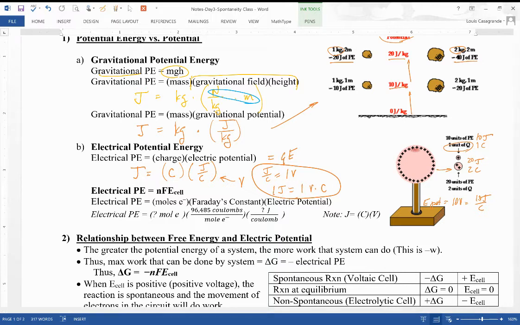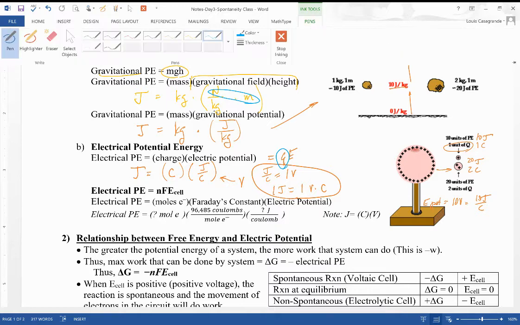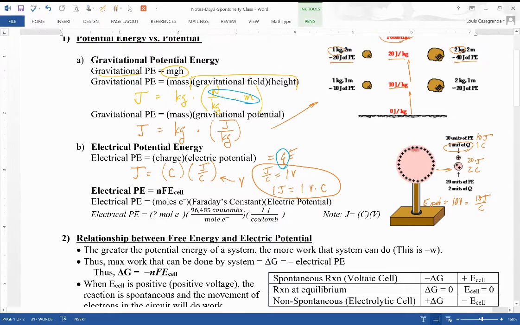This Q times E, or the potential energy, can be rewritten if we take that Q and realize that Q is actually going to be the number of electrons that we have. And the number of electrons is going to give us a charge based on what we call Faraday's constant, where n times F is Faraday's constant times the number of moles of electrons.